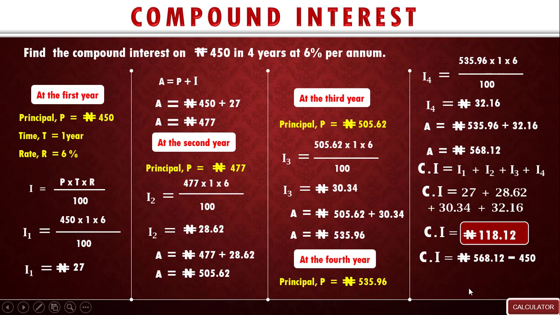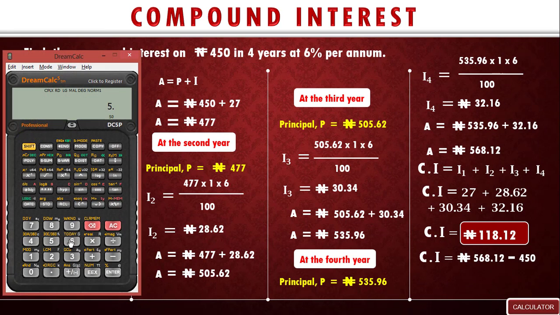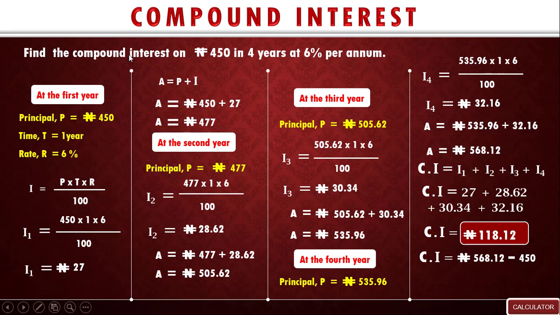So all we need to do is to subtract them. 568.12 minus 450 equals or enter. That gives us the same value, 118.12. So our compound interest there is 118.12 naira. So our final answer for compound interest is 118.12 naira.